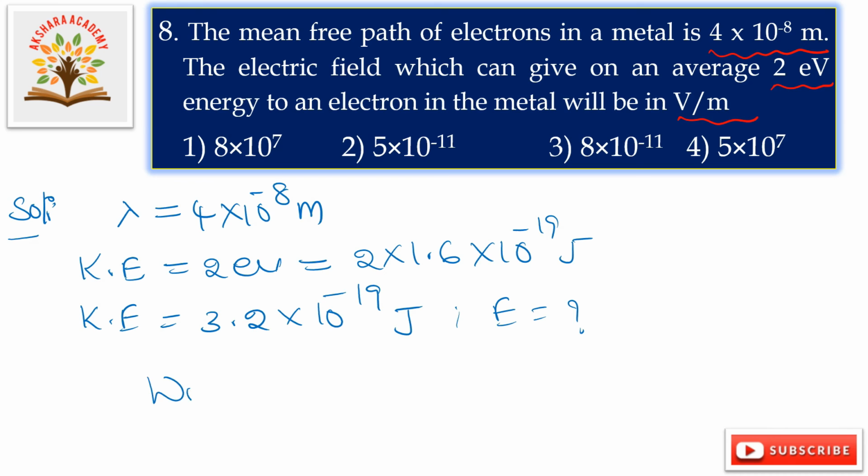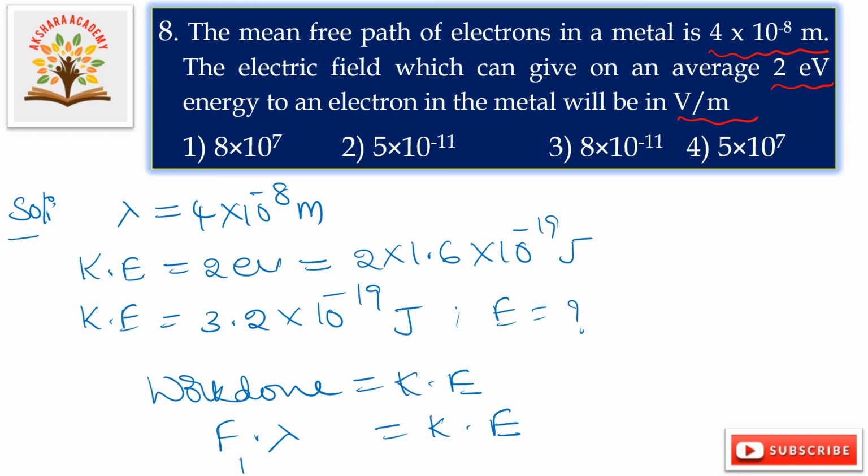Work done is equals to kinetic energy. So F into lambda is equals to K into E. F nothing but E into lambda is equals to K into E. So from this, electric field E is equals to kinetic energy by E lambda.